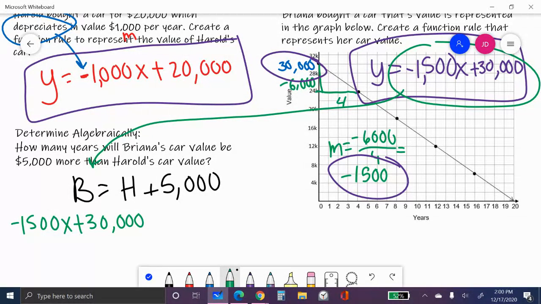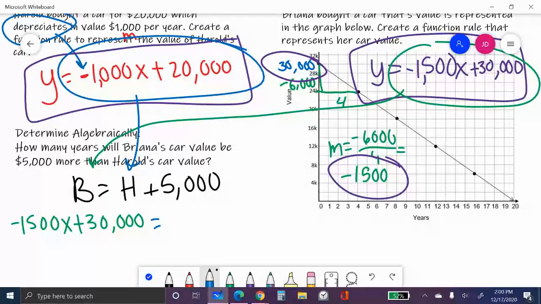And we're going to plug this portion into Harold's. Equals negative 1,000x plus 20,000. And don't forget the plus 5,000 at the very end.